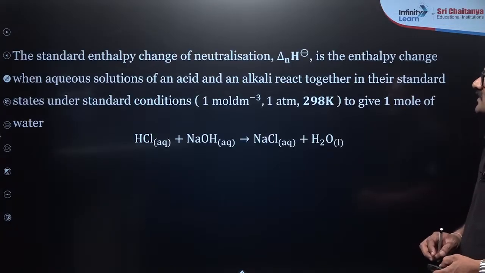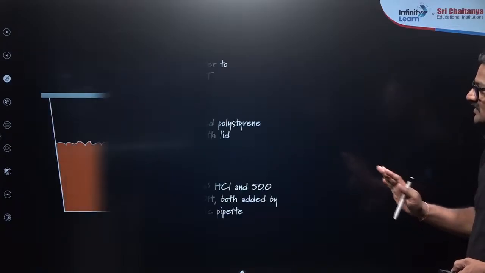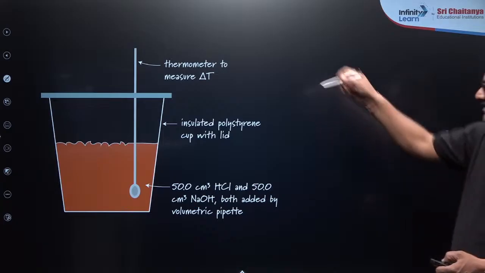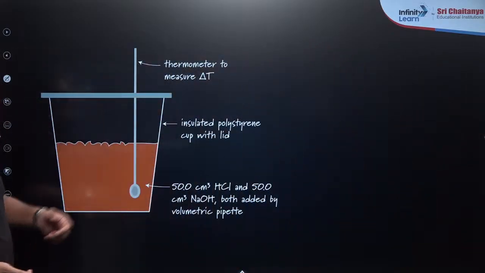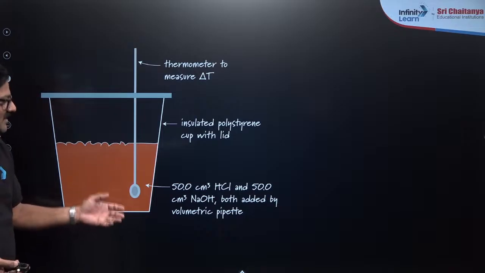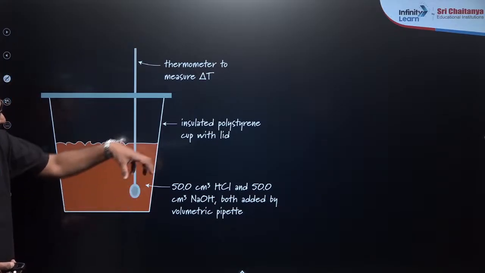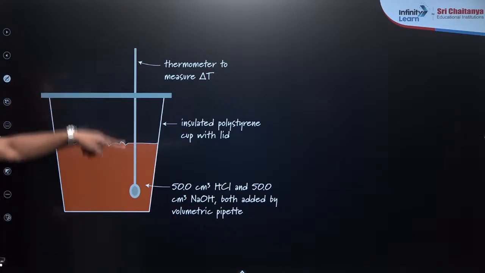Yeah, the standard enthalpy change for neutralization can be calculated by using the calorimeter. In this coffee cup calorimeter, a thermometer is incorporated, with an insulated polystyrene cup with lid, and 50 milliliters of HCl and 50 milliliters of sodium hydroxide both added by volumetric pipette, and see how much the temperature is changed.